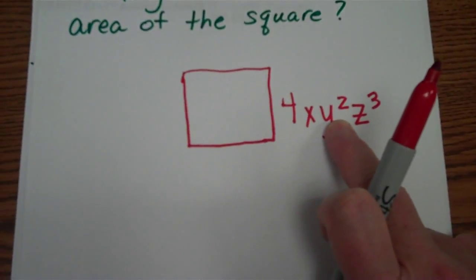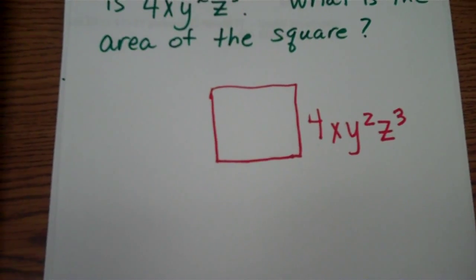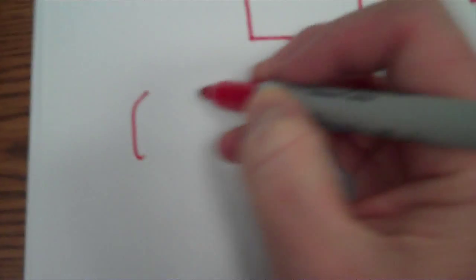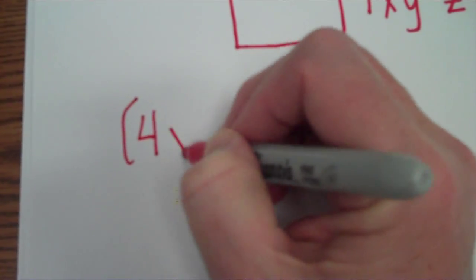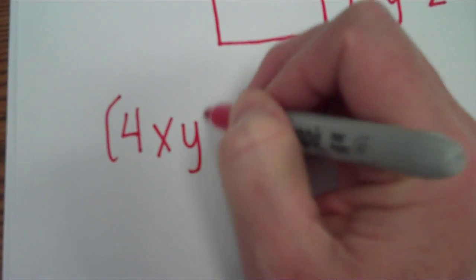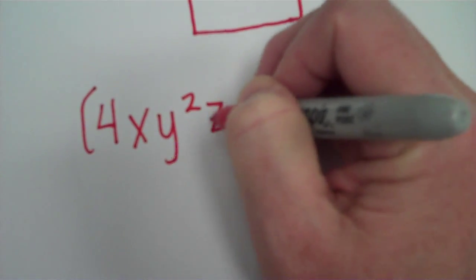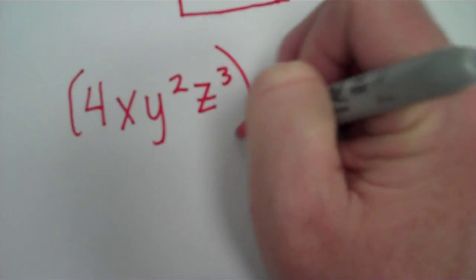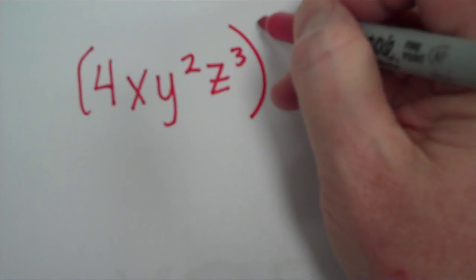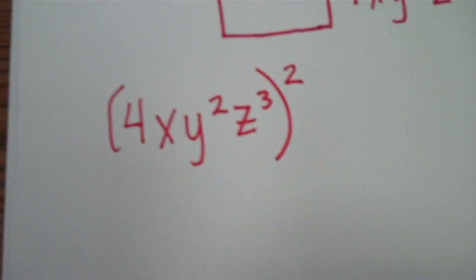So let's rewrite it as our equation. So side squared would be 4x y squared z to the third power, and this whole monomial is going to be squared.